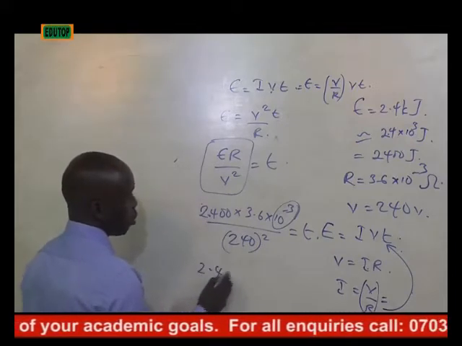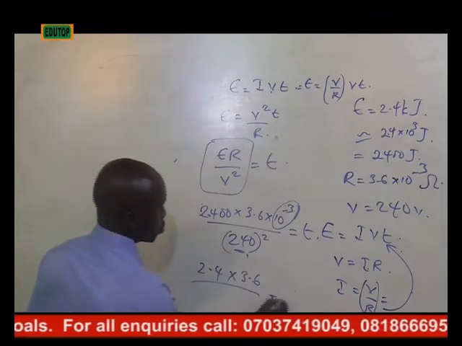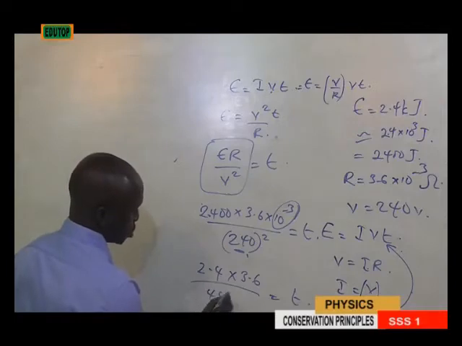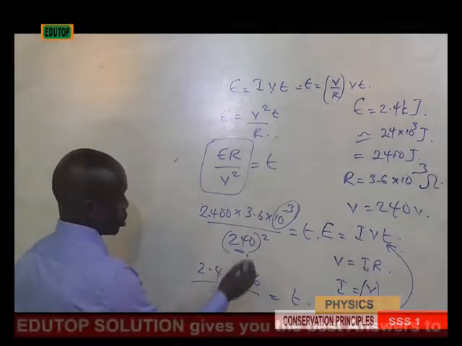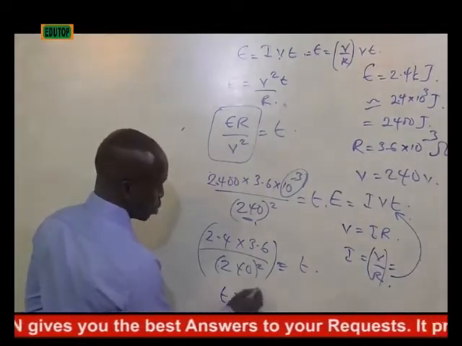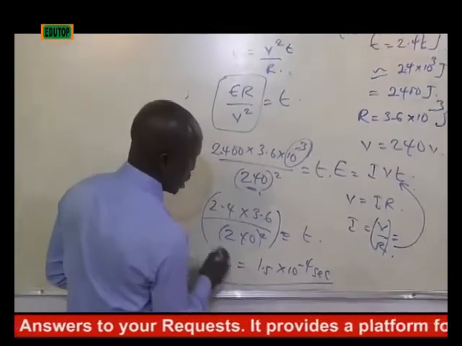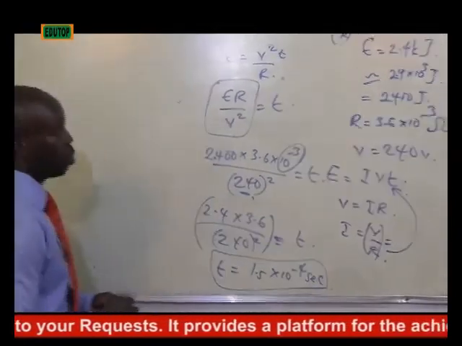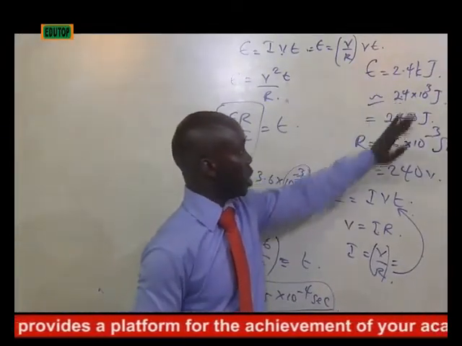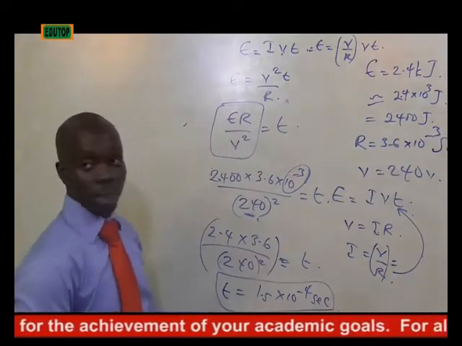So you have 2.4 times 3.6 all over all this squared. After computing, our time here will now give us 1.5 times 10 to the power minus 4 seconds. So that is the actual time taken when you use an energy of this value, resistance of this value, and volts of this value. You extract the time, and that is the time taken.